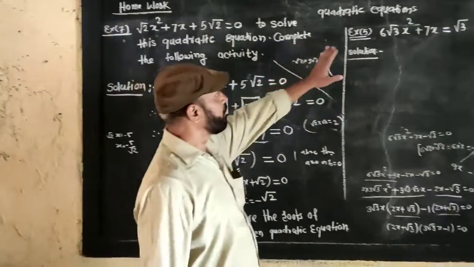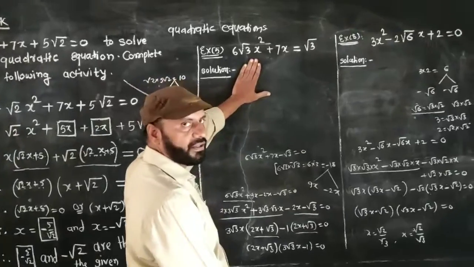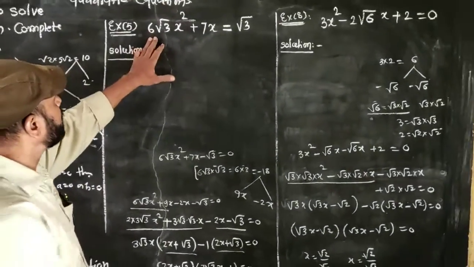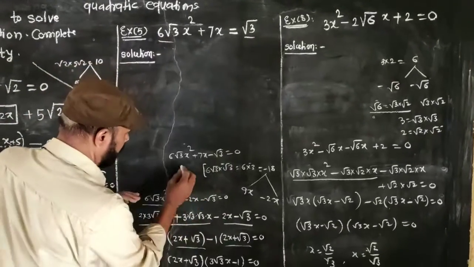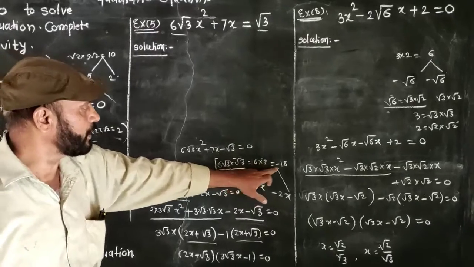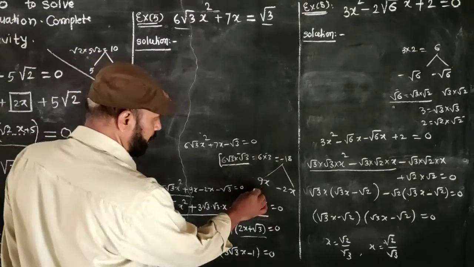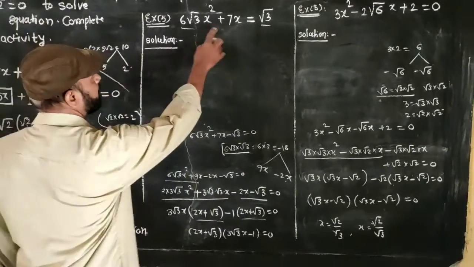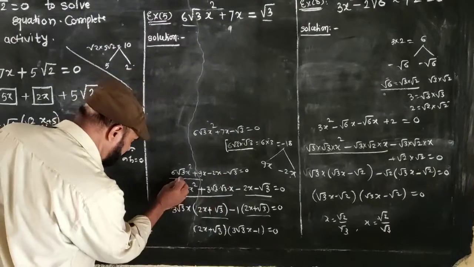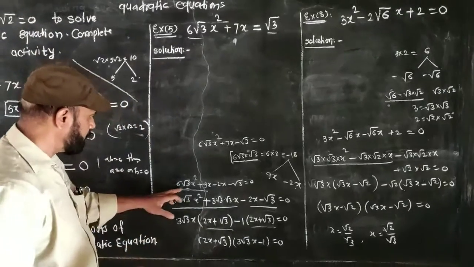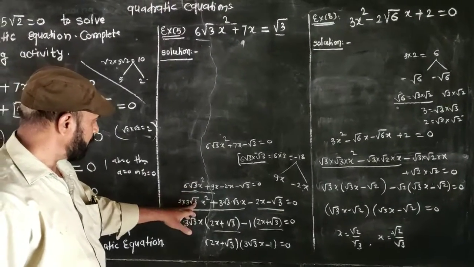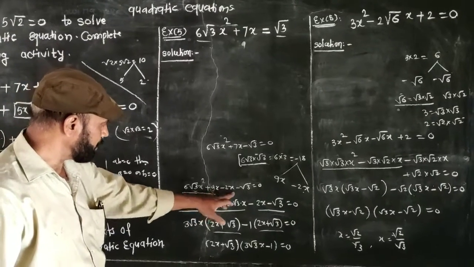Similarly, this type of example is given here, so I have written all the factors here. Multiplying 6 root 3 by 3 here, we get 6 into 3, that is minus 18. So 9x minus 2x, splitting the middle term 7x. So write it just like this, and splitting this 6 root 3 as 2 into 3, that is 6 root 3 x square, so 9x minus 2x.